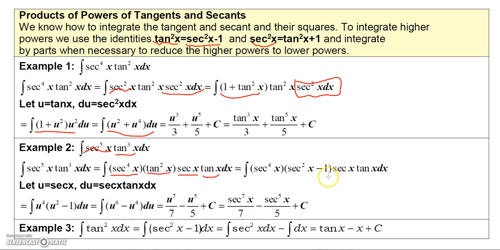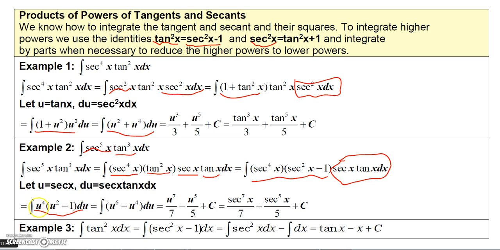Now what's good about this is now I can let u be secant x, and that way I'll have u to the fourth times u squared minus 1. And if u is secant x, then du is secant x tangent x dx, and that's exactly what I have here, so this is going to work out just fine because we have the du.